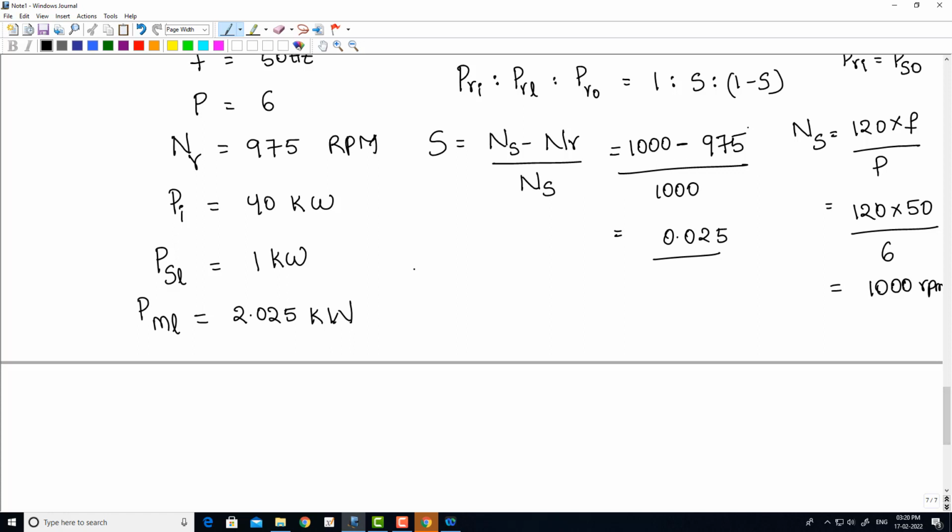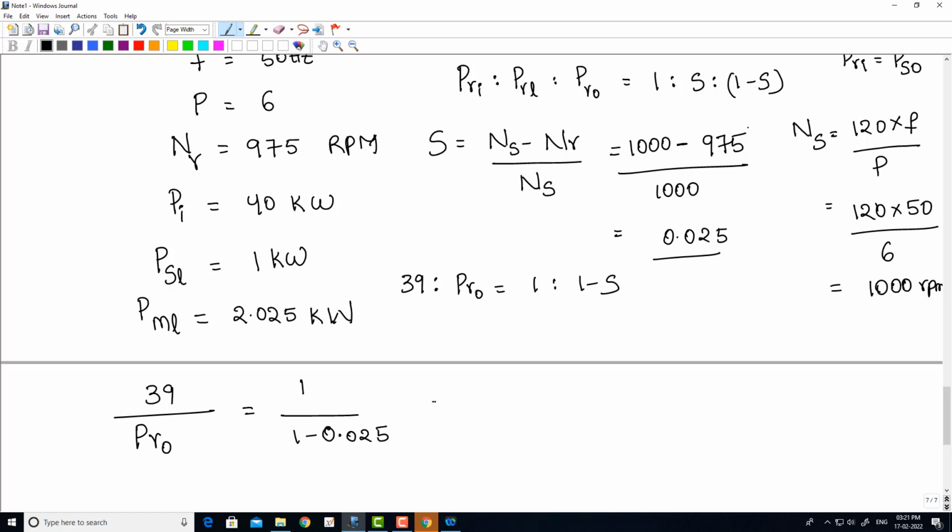So the rotor input 39 to rotor power output, we need to find out, is equal to 1 to 1 minus S. So 39 by rotor power output is equal to 1 by 1 minus S. S is 0.025.